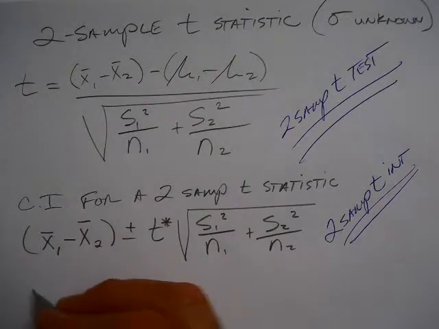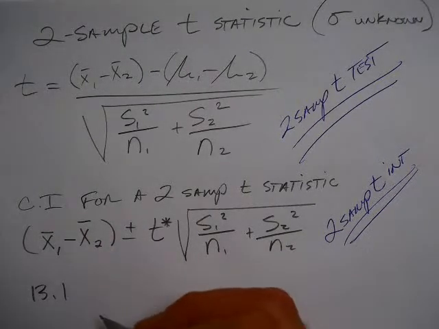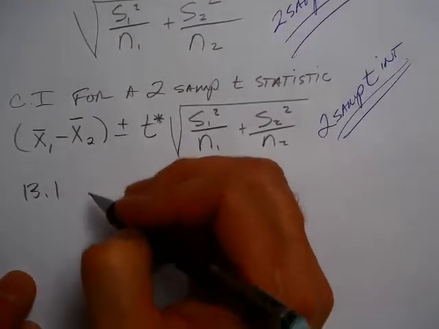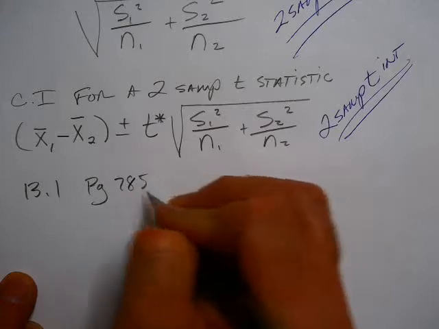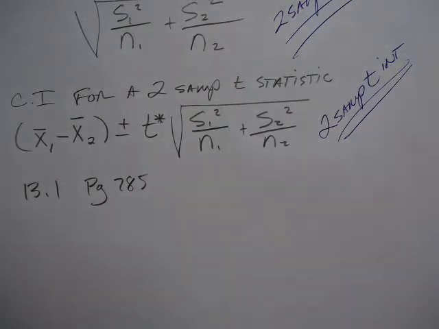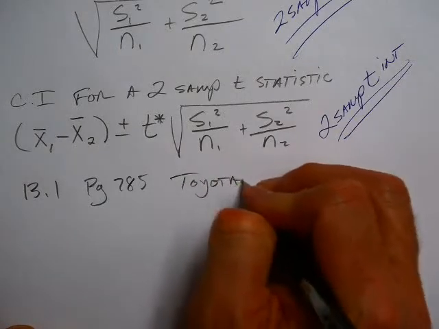Okay, so let's look at a problem. 13.1 is on page 785. And they ask a question, Toyota or Nissan?